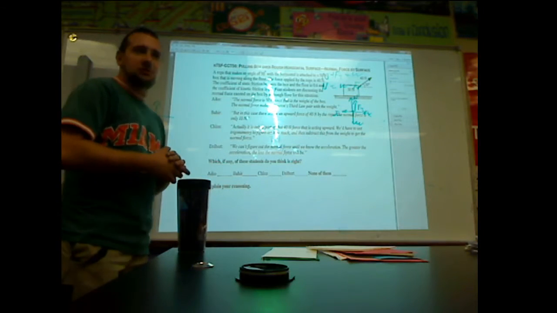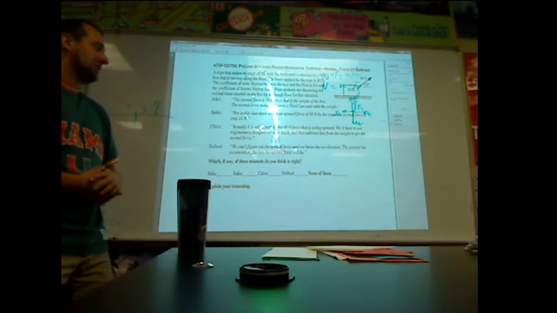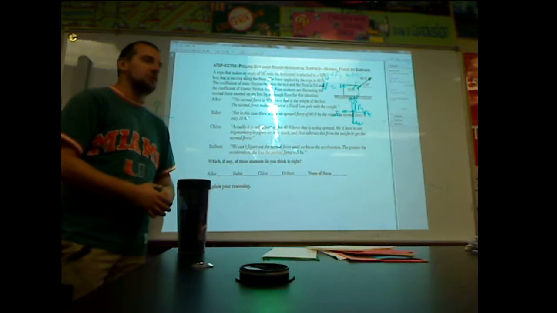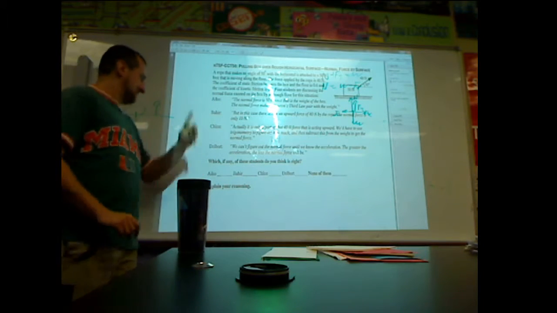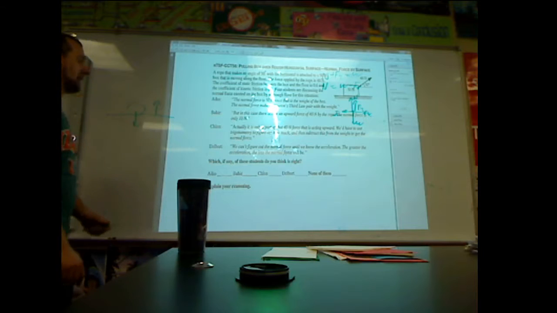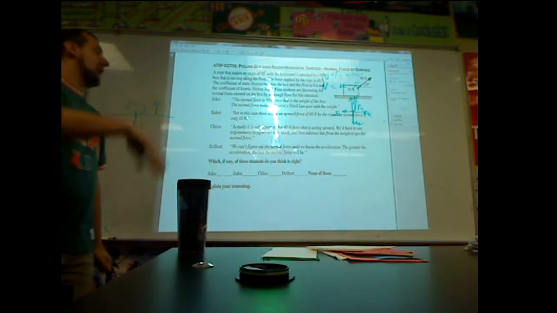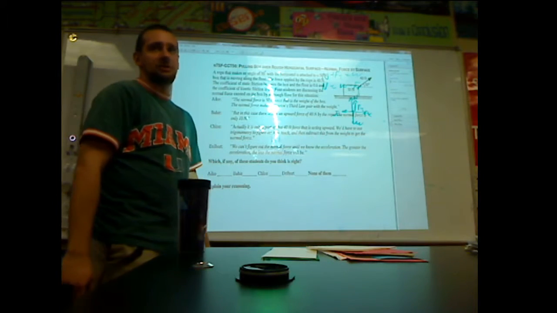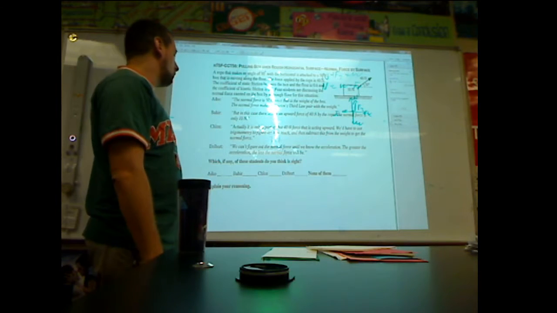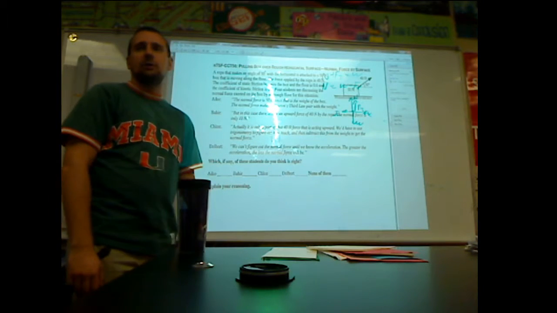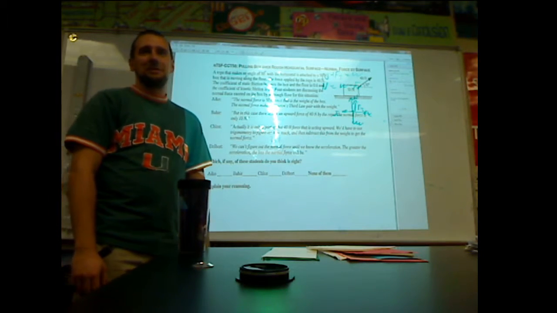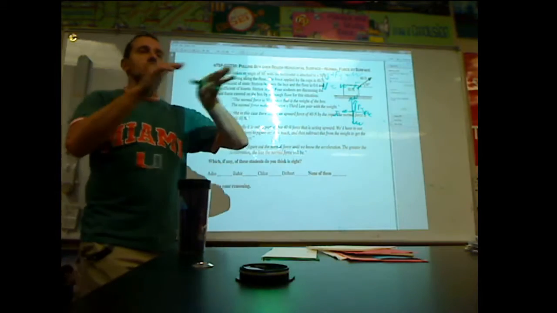What we have to do is trigonometry to figure out how much, and then subtract this from the weight to get the normal force. Aha! Smart Chloe. She's kind of right. Don't say we can't figure out the normal force until we know the acceleration. The greater the acceleration, the less the normal force will be. Acceleration doesn't change anything about that, which is going in the x direction.